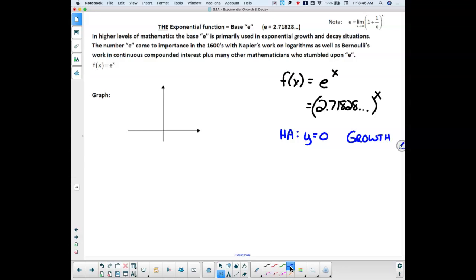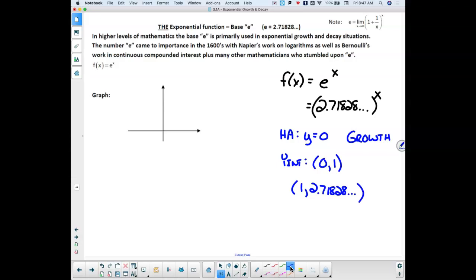The y-intercept is (0, 1). What's one more key point that it goes through? That's just a number, though. I need it in a point. It also goes through the point (1, 2.71828), or (1, e). Okay?